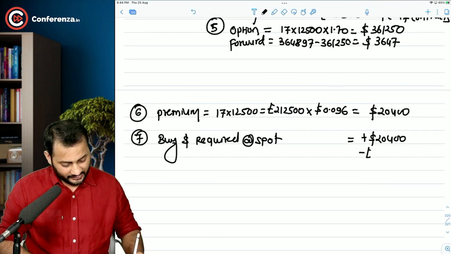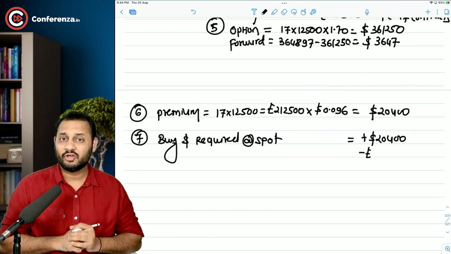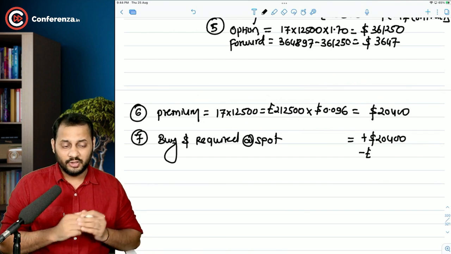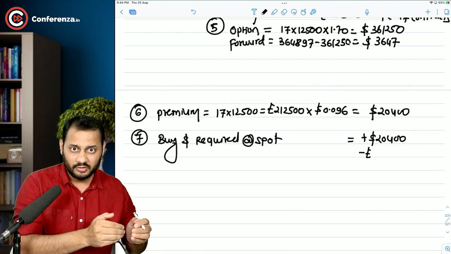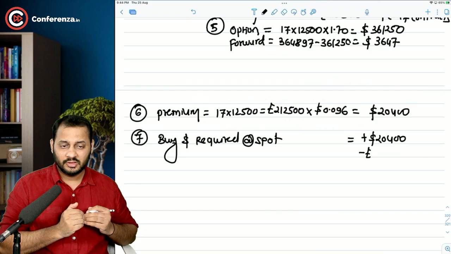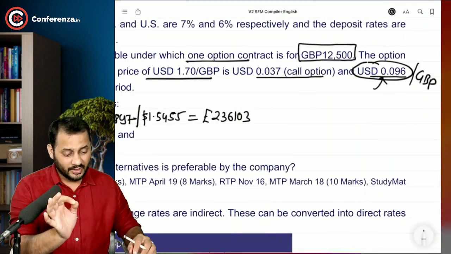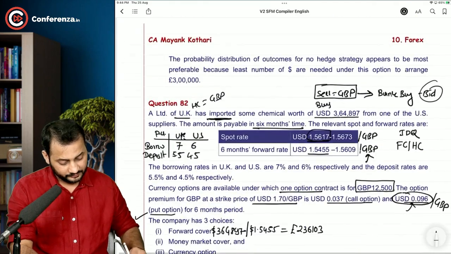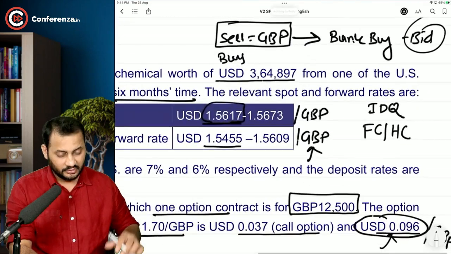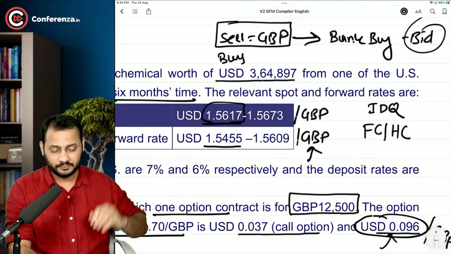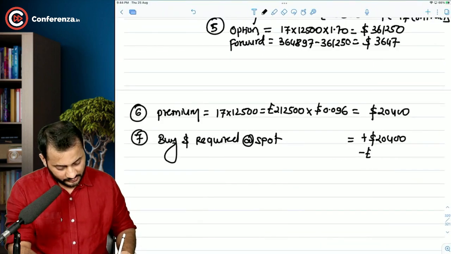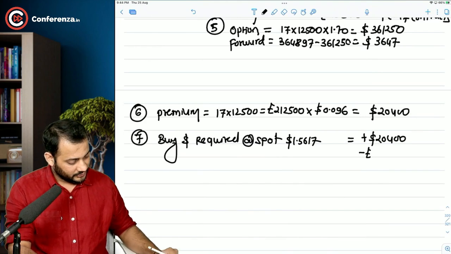In order to buy the dollar, you will have to make the payment of pound. You will sell the pound to buy the dollars. You will sell the pound, bank will buy the pound. Buy the pound means bid rate, which is 1.5617. Okay, sir. 1.5617. So 20,400 divided by 1.5617.